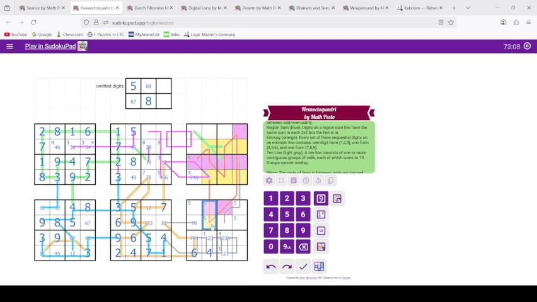If this were a 1, this would be 2, 3, 4. So we're missing 1 from that grid.